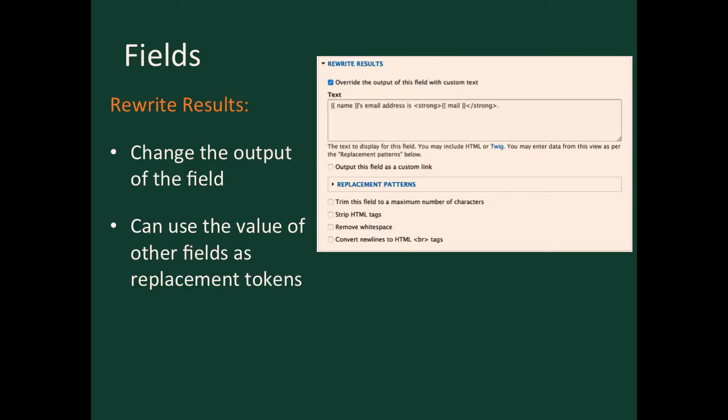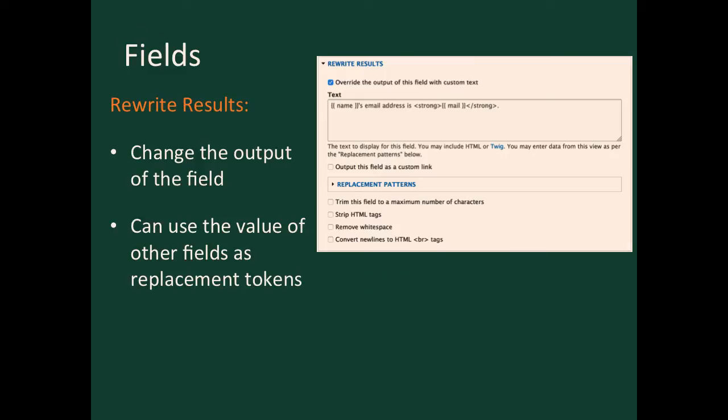There's rewrite results underneath style settings, and this is an interesting one. This one allows you to change what the field output is, so that whereas traditionally the field output would just be the mail address, I can make it instead so that the field outputs as this person's name's email address is, and then the mail value wrapped in a strong tag.